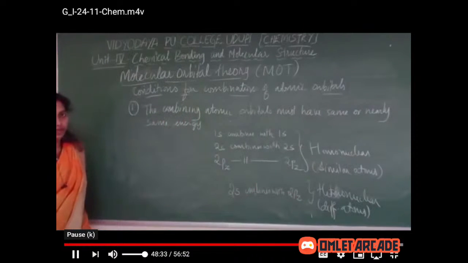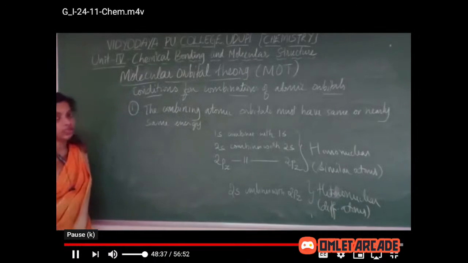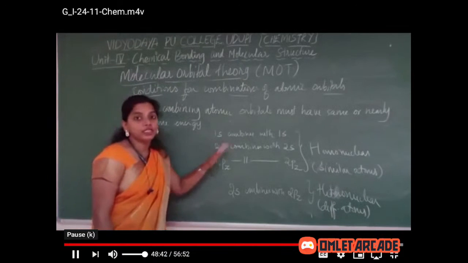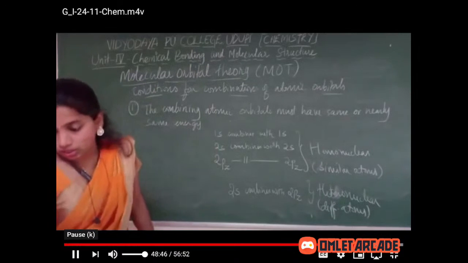Okay? 2s can combine with the 2p orbitals. That is in the heteronuclear, but in the homonuclear molecule, the combining atomic orbitals should have the same energy.